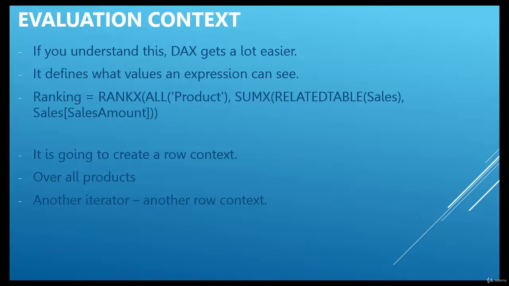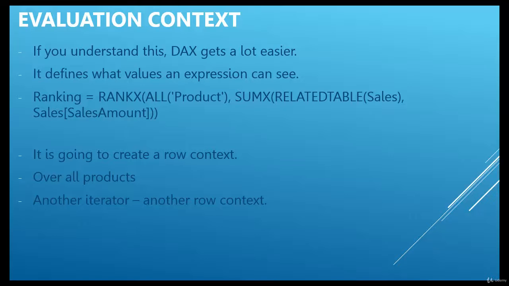Then again, we are creating another row context because how do we need to rank? Are we going to create ranking based on alphabetical order or something different? Generally, we create ranks based on the sales amount.